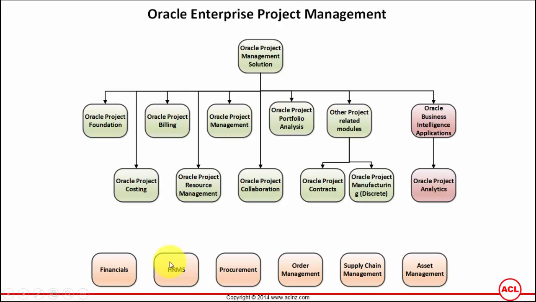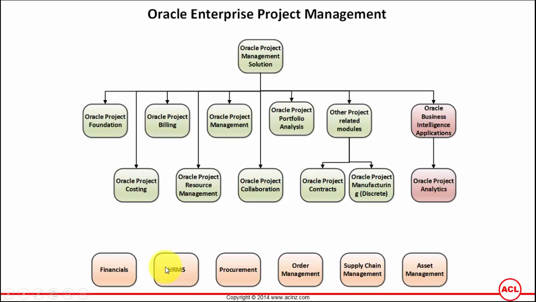So let's say a new contractor comes on board, so you define it over here in HRMS. And HRMS integrates with modules such as Oracle Time and Labor, which lets a contractor submit the timesheet, and Oracle Internet Expenses, which again lets a contractor submit their expenses.